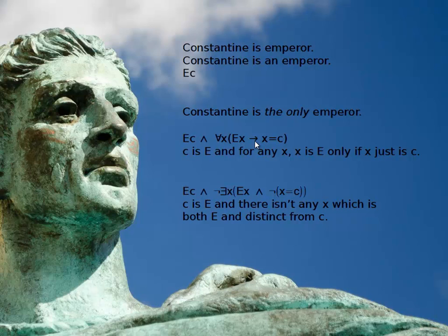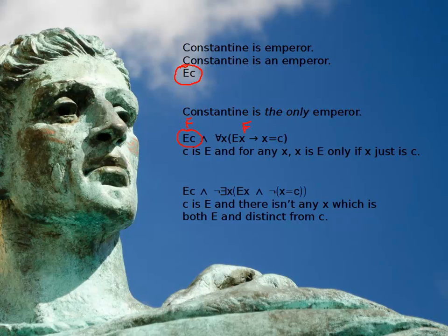Again, if you say he's the only emperor, you're saying two things and not one. There are two ways for this more complex statement to be false. Either, again, it could be that Constantine is not emperor, so that this conjunct, this component, is false. Or it could be that he's not the only one. So this could be false, or this could be false.